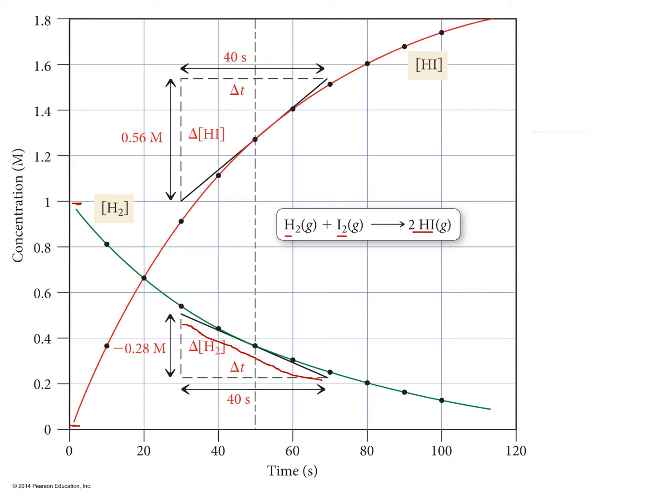Once you have your tangent line, you can then find the slope, rise over run. You can see that they did that up here. They picked this point, laid a straight edge along and tried to match up with the slope of the line right at that point. And then they can find the tangent line, rise over run, giving the rate.